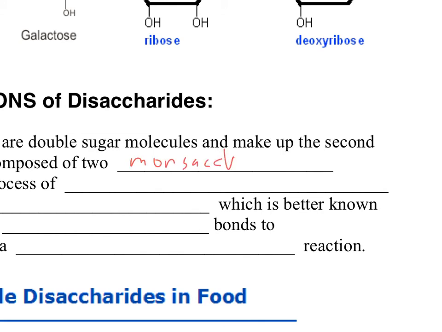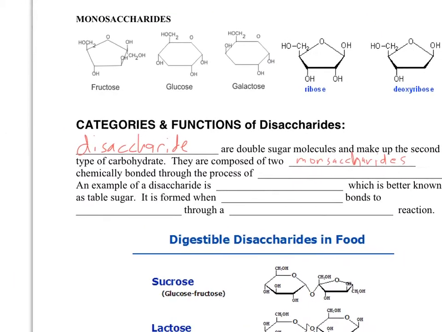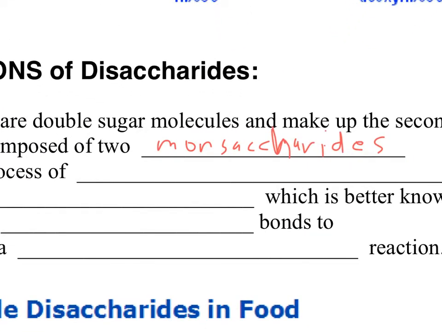Monosaccharides. Composed of 2 monosaccharides chemically bonded through the process of dehydration, synthesis.